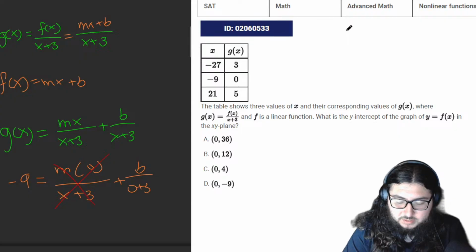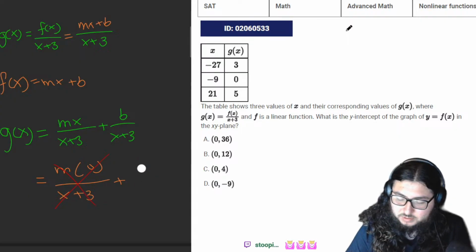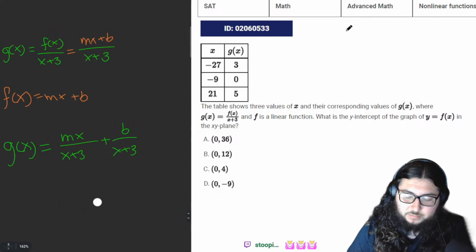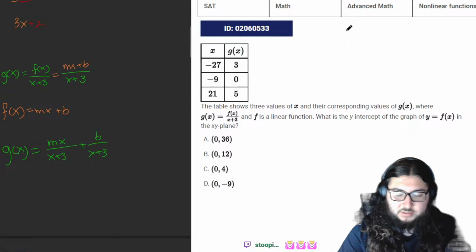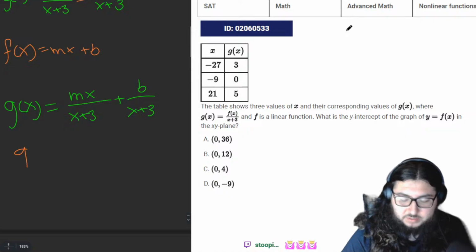Oh, I'm silly. Hello, Susan. I'm just reading off the name. I realized that I entered x and g of x in reverse. So that's my bad. I was ahead of myself.